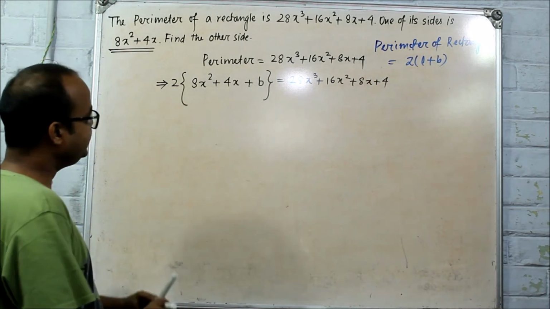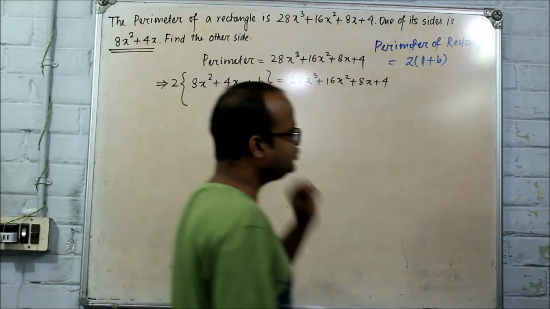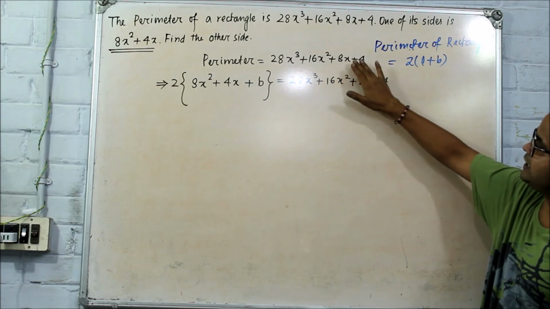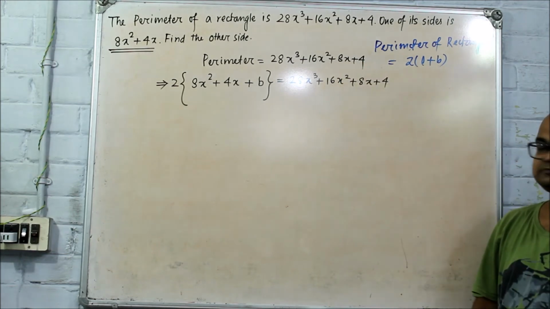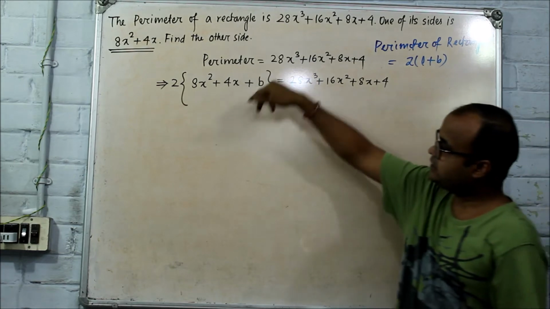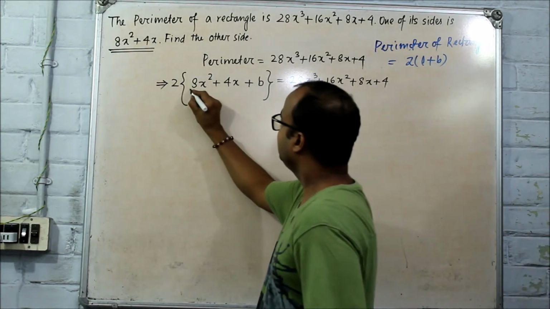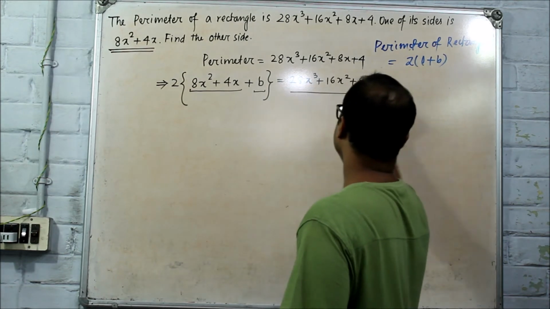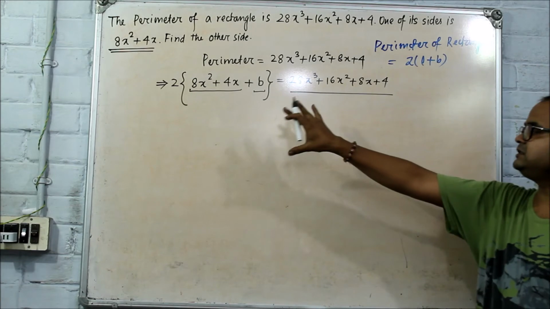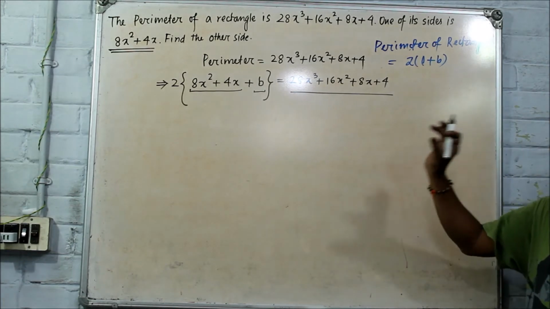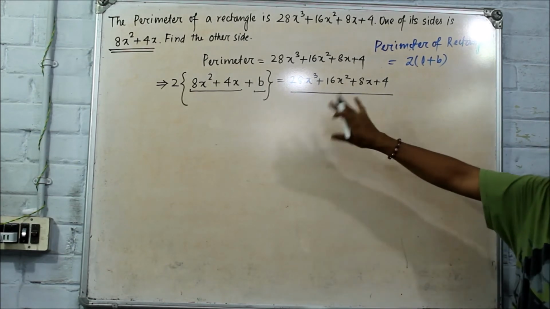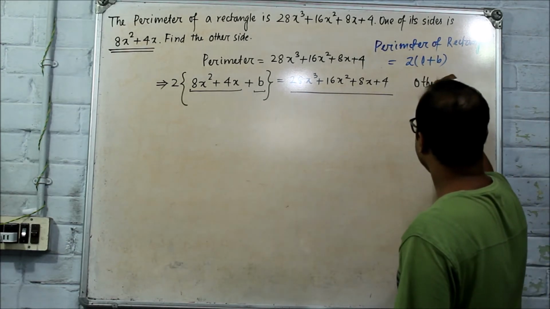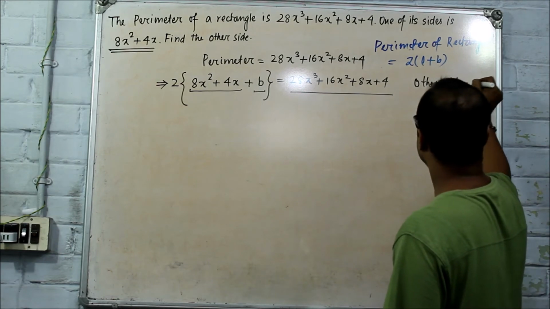Again I am repeating this step. Perimeter means 2 into length plus breadth is equal to perimeter. So in place of length I substitute 8x square plus 4x and let the other side be b.